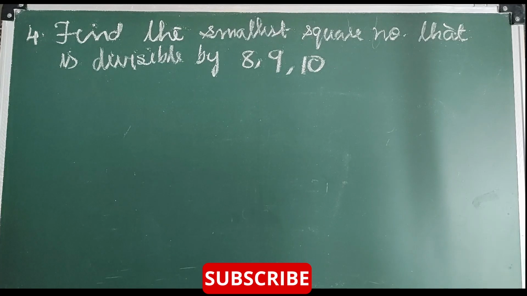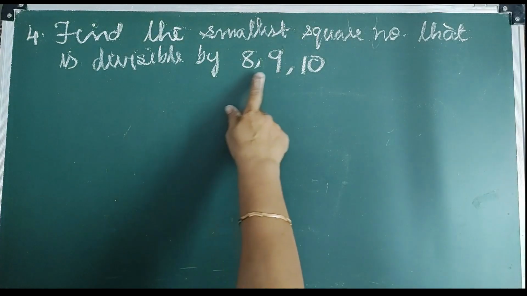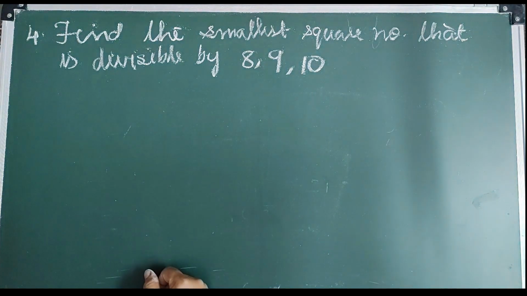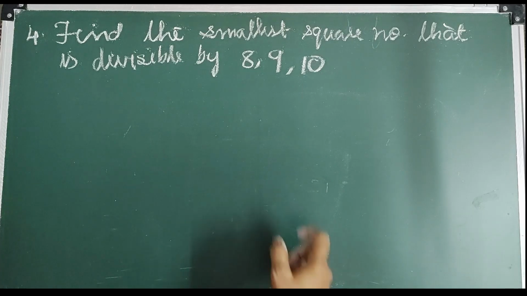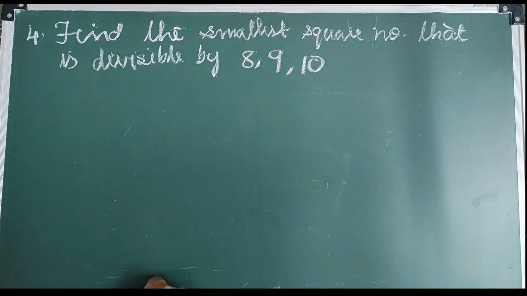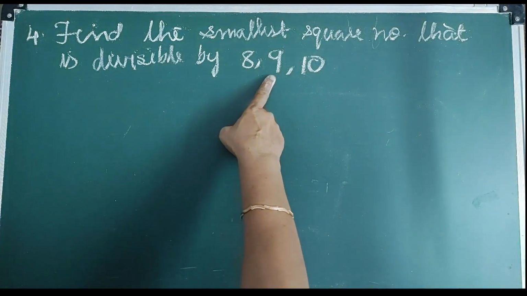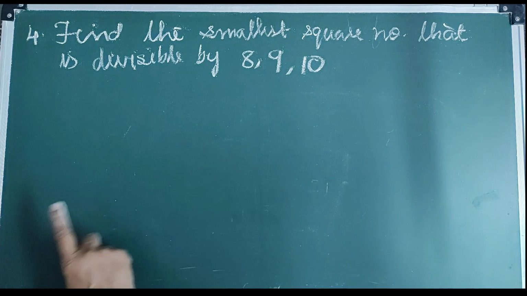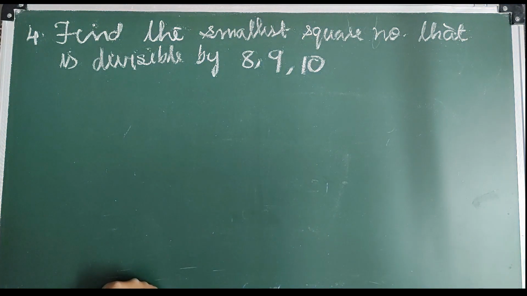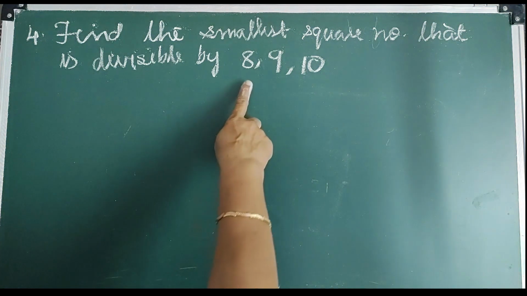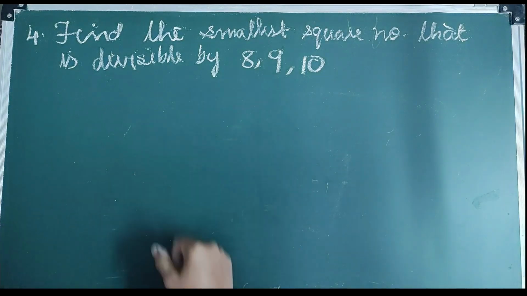Question 4. Find the smallest square number that is divisible by 8, 9, 10. We have already learned how to find the smallest number which is divisible by 8, 9, 10 by finding LCM of 8, 9, 10, and the LCM is the smallest number which is divisible by 8, 9 and 10.